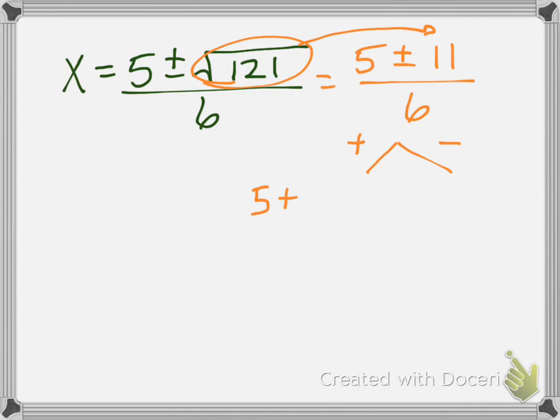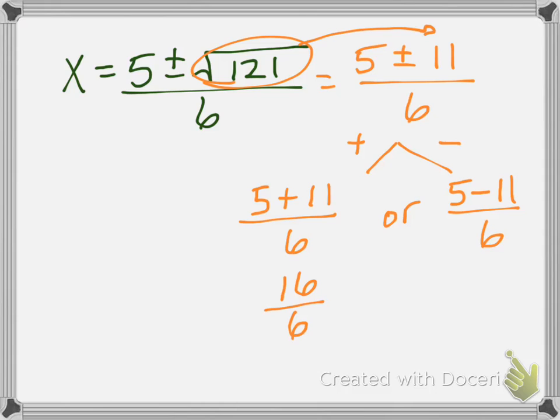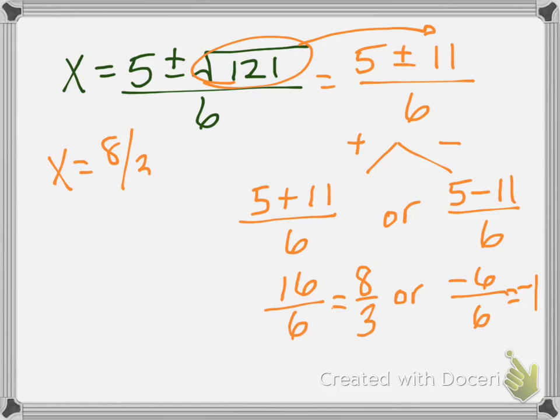So 5 plus 11 divided by 6, or 5 minus 11 divided by 6. 5 plus 11 is 16, divided by 6 would equal 8 over 3. Or 5 minus 11 is negative 6, divided by 6, which is negative 1. So x equals 8 over 3, or x equals negative 1.